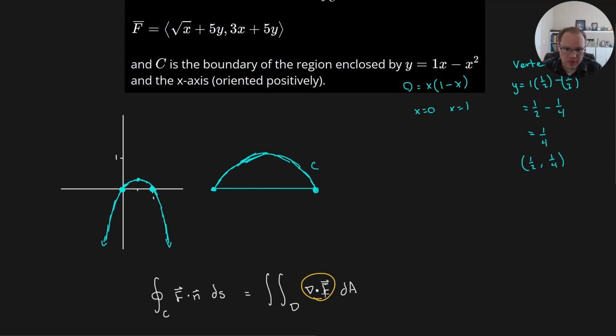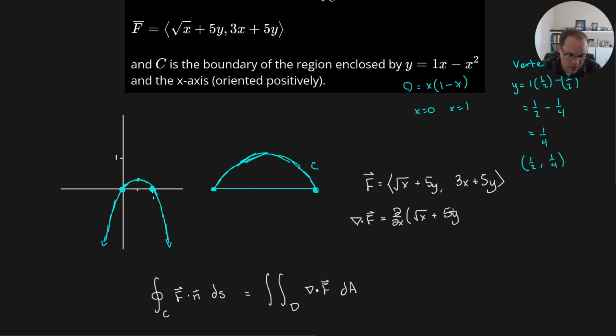So we're going to need the divergence of our vector field. So here's our vector field right here. Let's take the divergence of that. F is equal to root x plus 5y comma 3x plus 5y. The divergence then, remember, is the partial derivative of the first component with respect to x plus the partial derivative of the second component with respect to y.